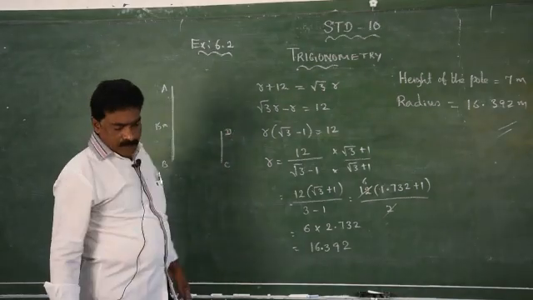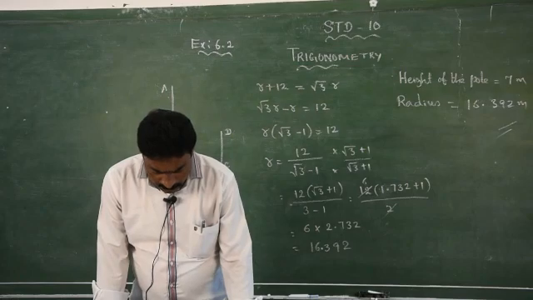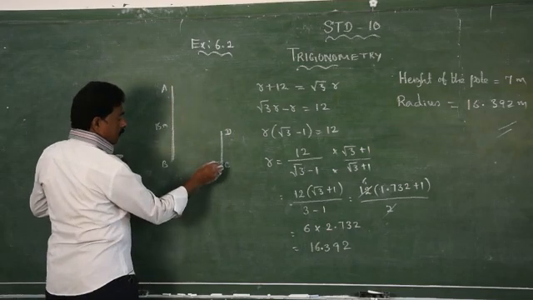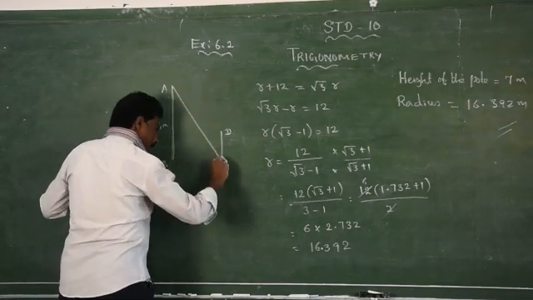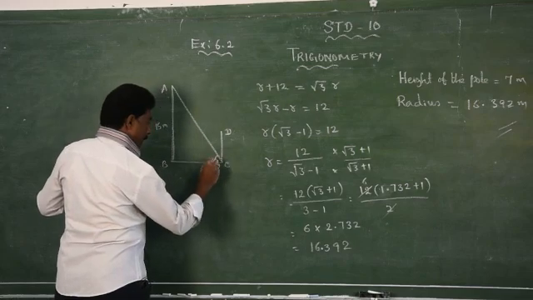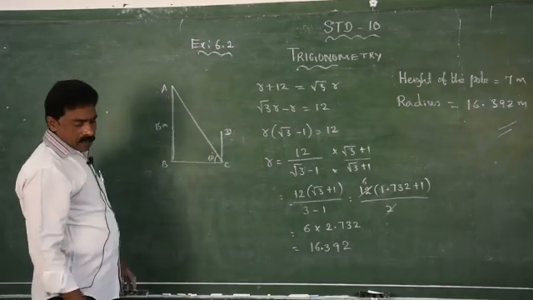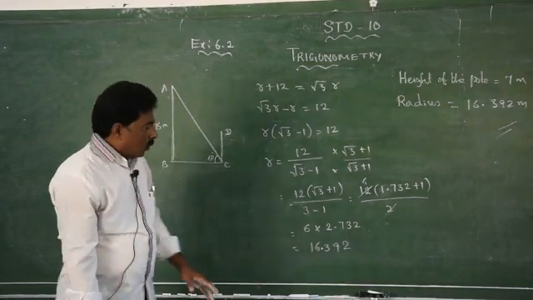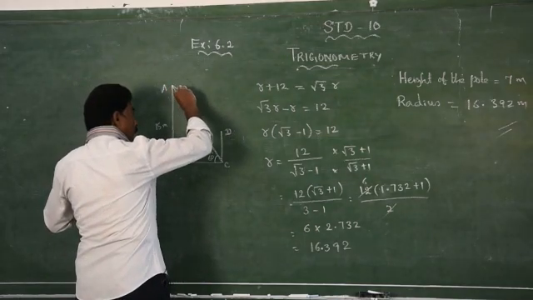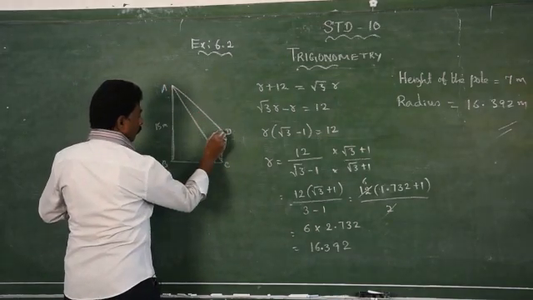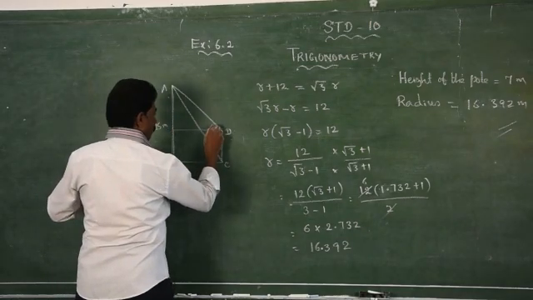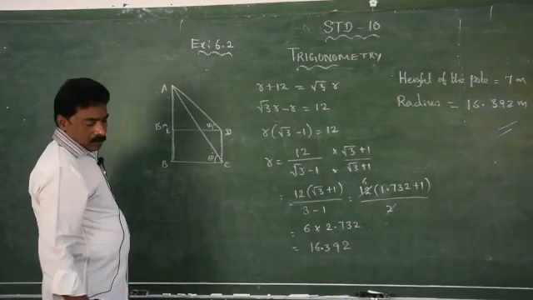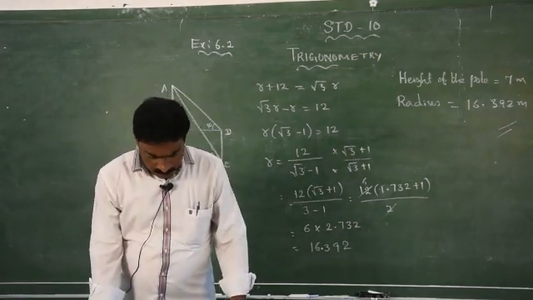Now what is given? The top of the tower makes an angle of elevation of 60 degree with the bottom of the electric pole, and an angle of elevation of 30 degree with the top of the pole.